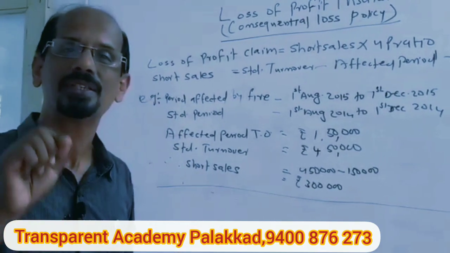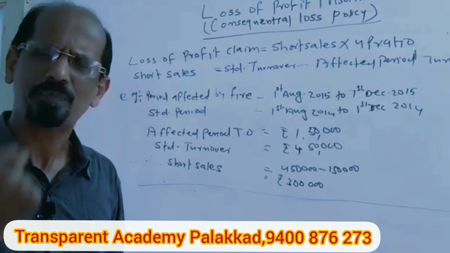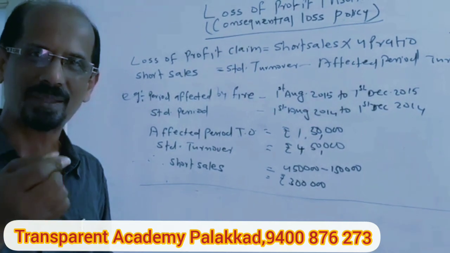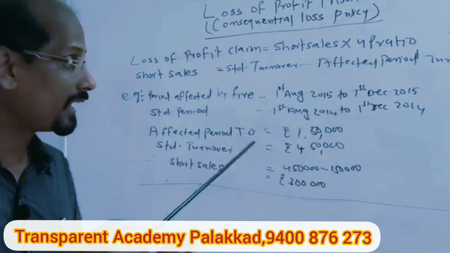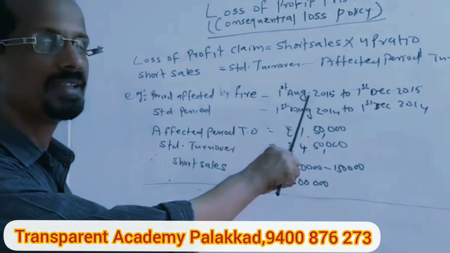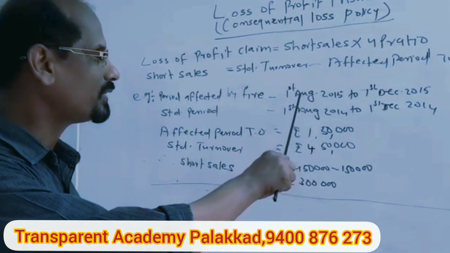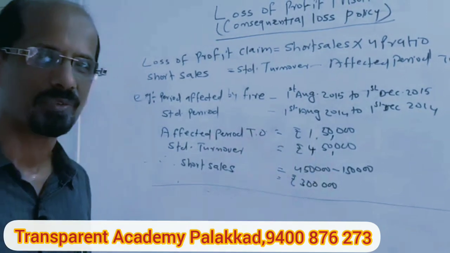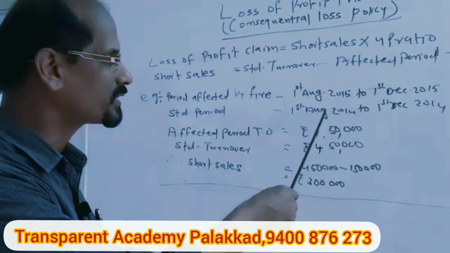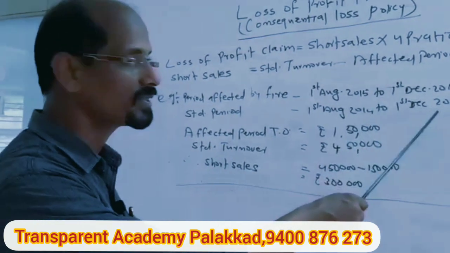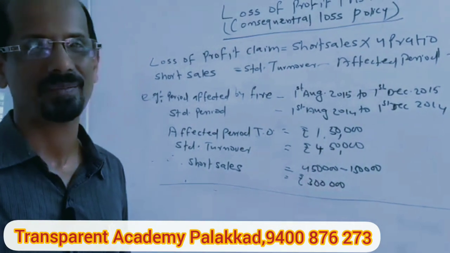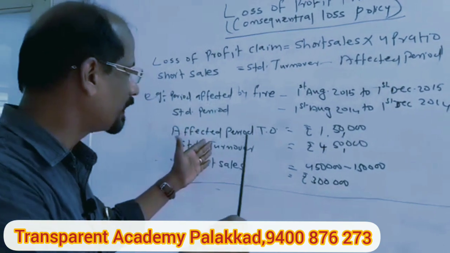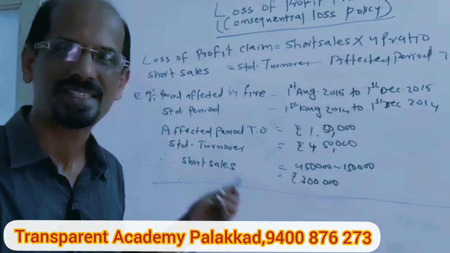Standard period means the period in the previous year of the fire corresponding to the affected period. That is, if the affected period is 1st August 2015 to 1st December 2015, the standard period is 1st August 2014 to 1st December 2014.